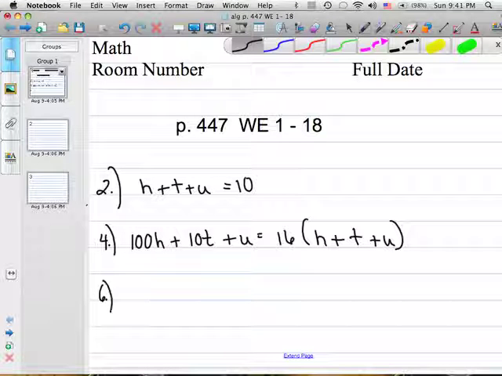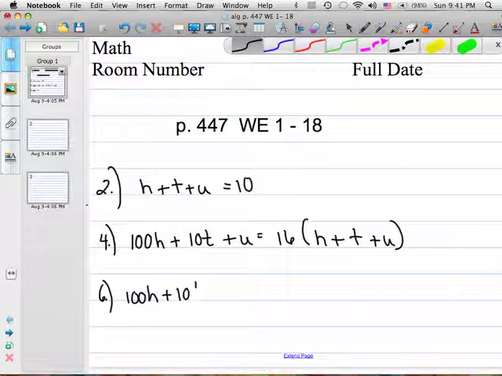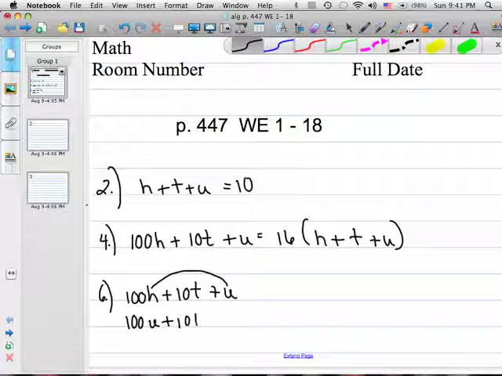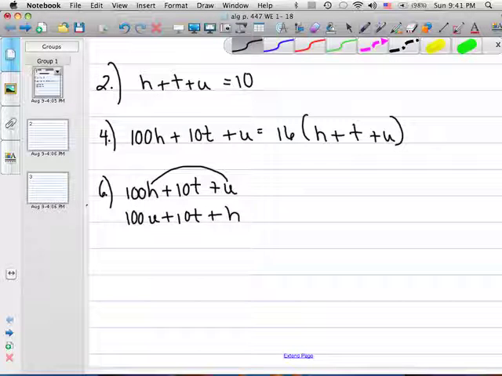Number 6, when the digits of a three-digit number are reversed. Well, a three-digit number is 100H plus 10T plus U. If I reverse the digits, switch the H and the U, I get 100U plus still 10T plus H. So it says when the digits of a three-digit number are reversed, the new number is 198 less than the original number.